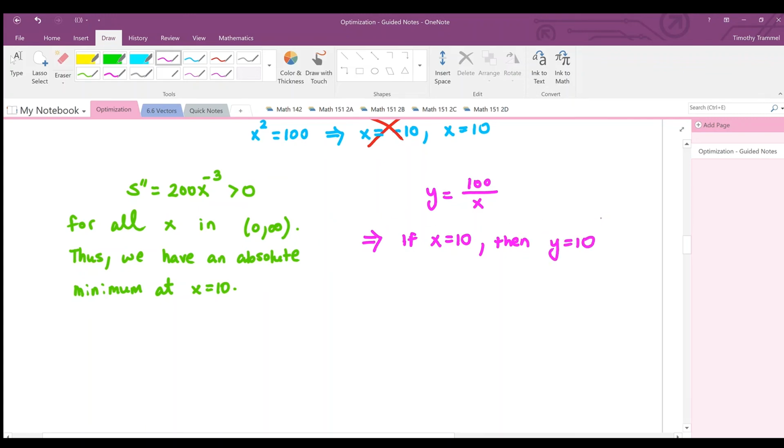And so this is actually our final answer here. The two numbers that we were looking for were x equals 10, y equals 10.